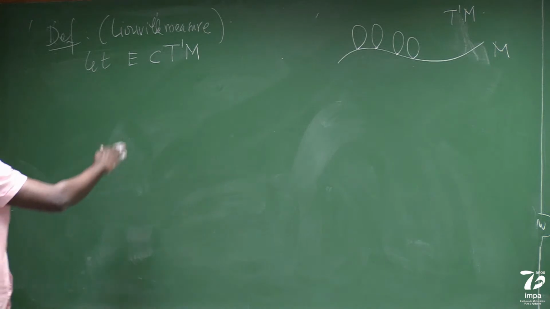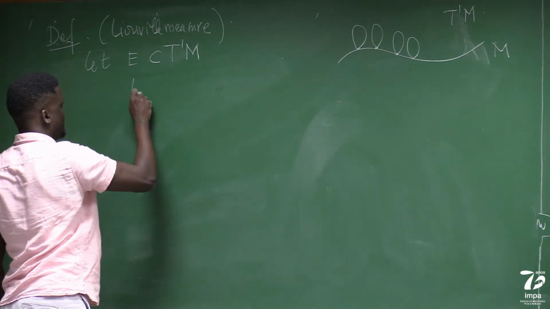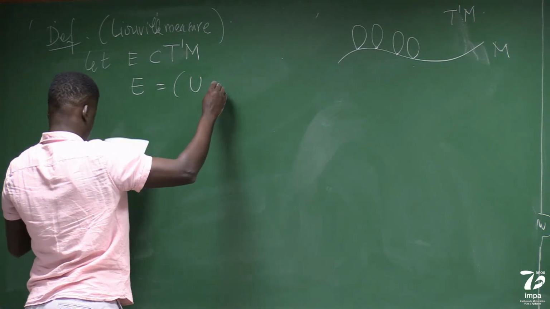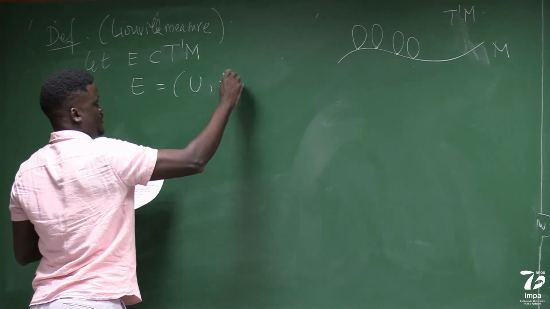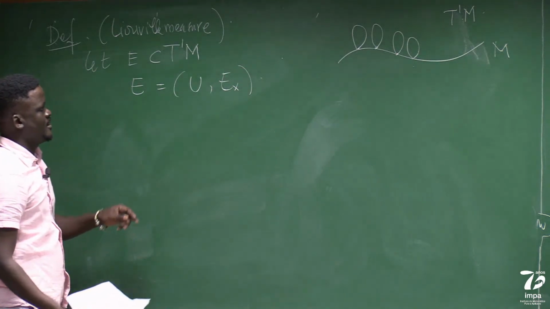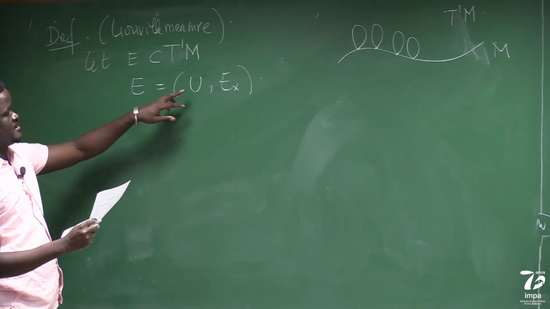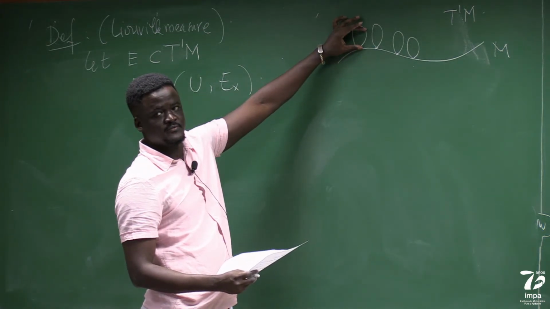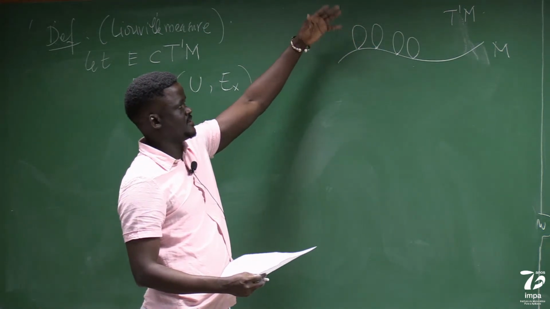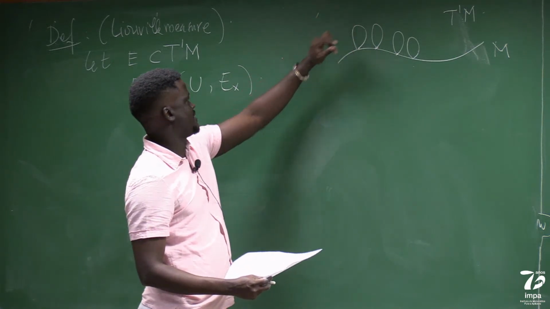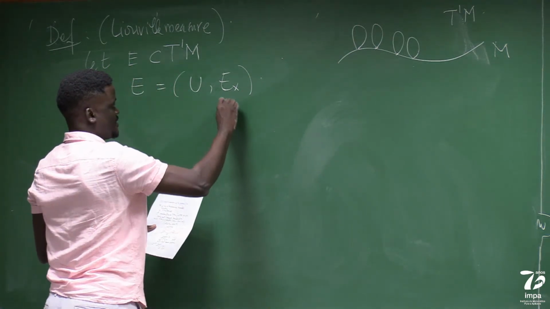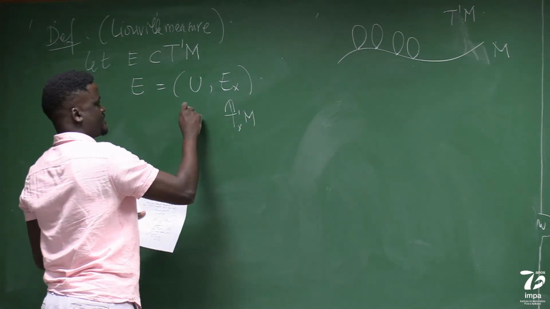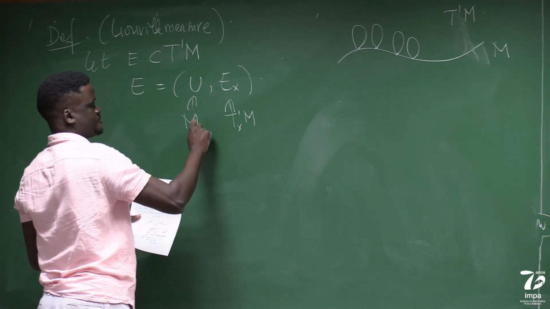If you have a subset of T^1M, it makes sense to write it as the union of E_x, where at every point I take a subset from this circle, from this sphere in higher dimension. So this guy is a subset of T_xM, and x is a point of M.